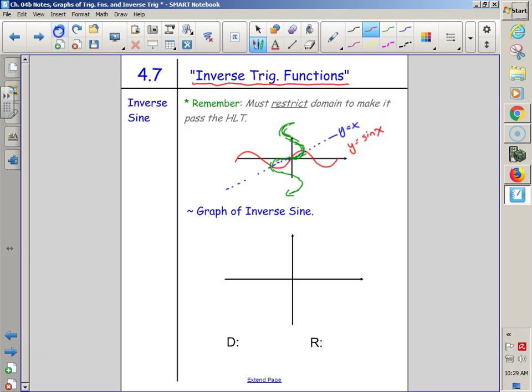So this is the key. All inverse trig functions, we're not going to necessarily do it, it's something for us to understand, are actually all cut down. So let me show you who inverse sine really is. It's kind of like the flipped mountain to the valley, minimum to the maximum, and that's it.